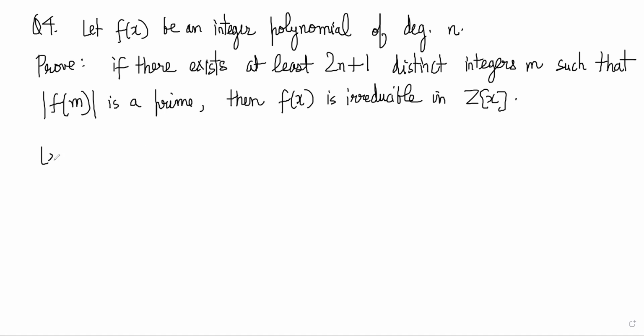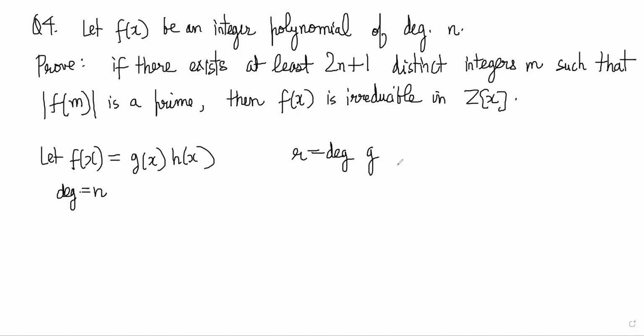We'll say let f of x be decomposed in terms of g of x and h of x. The degree of f is n, and let's say r is the degree of g and s is the degree of h. So we know that n is equal to r plus s because this is the product, right?